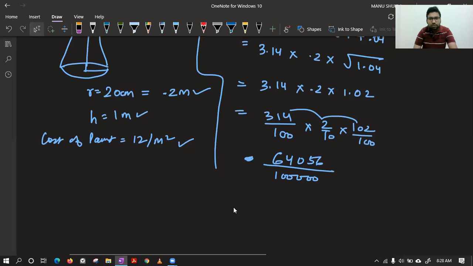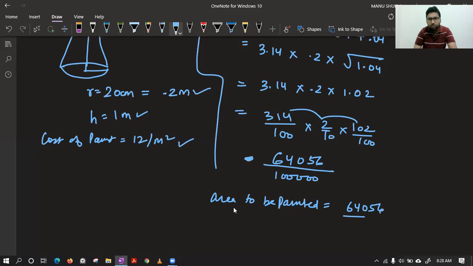Now to find the area to be painted, it will be given by 64056 upon 1, 2, 3, 4, 5 zeros into 40. Because there are 40 cones, we have multiplied the curved surface area of one cone by 40. Sorry, 50 cones are there.